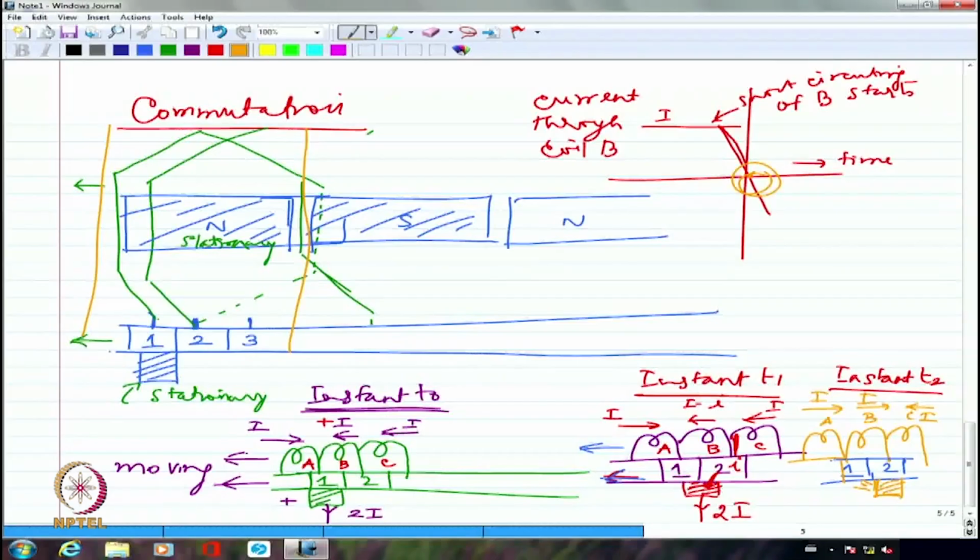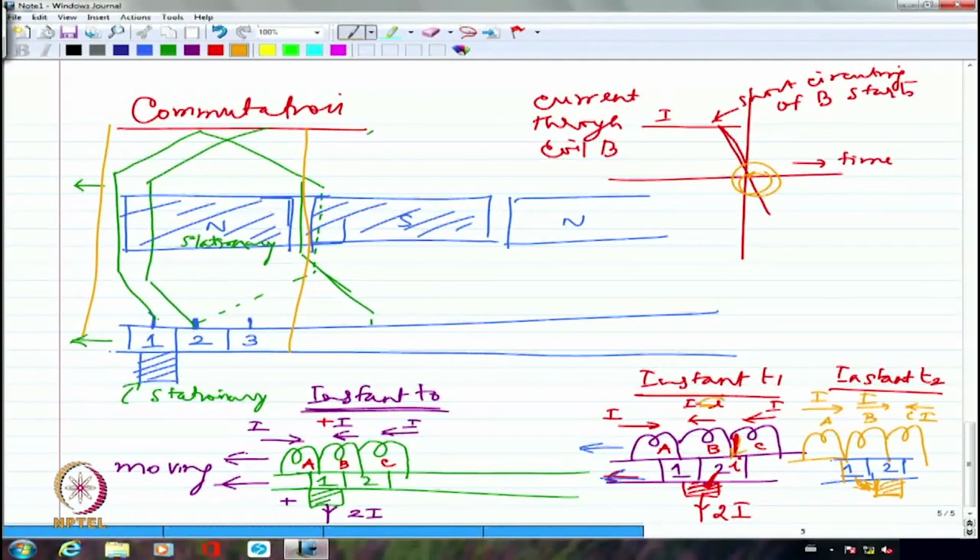And what is going to happen is, before it completely reaches the other end of the spectrum, that is from plus I, before it reaches minus I, the voltage that is induced because of the shift of the neutral axis is going to push the current through commutator segment 1 also, because please understand, this I was coming in this direction from coil B, which represented actually the opposite of the current.